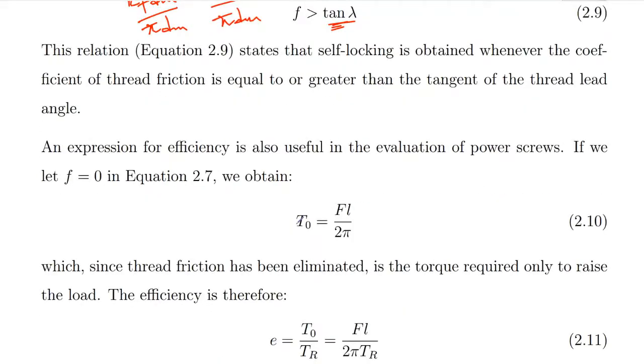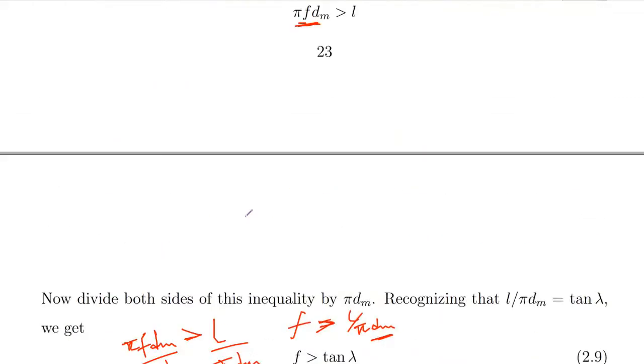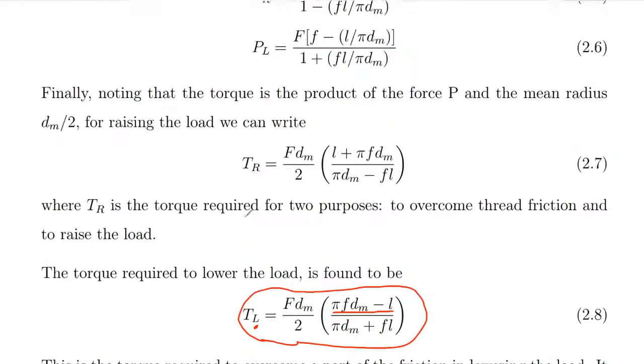And in case we let's say the friction coefficient f to be equal to 0, which means that there's no friction present in the system, we can say that this equation, equation 2.7, if we have the coefficient of friction equal to 0, that means that this is 0 and then this one is 0. We are going to have dm cancelling dm here.